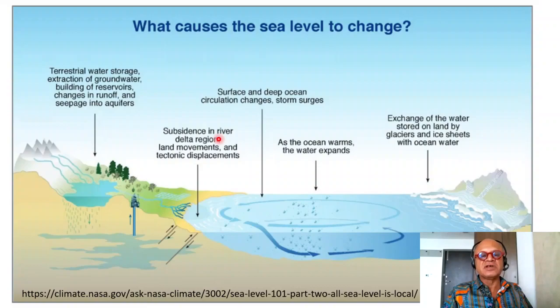So subsidence in the river delta region, land movements and tectonic displacements will happen because of natural processes, as well as holding up water in large quantities and pushing down the plate, or releasing less sediments compared to the natural flow, and so on and so forth.